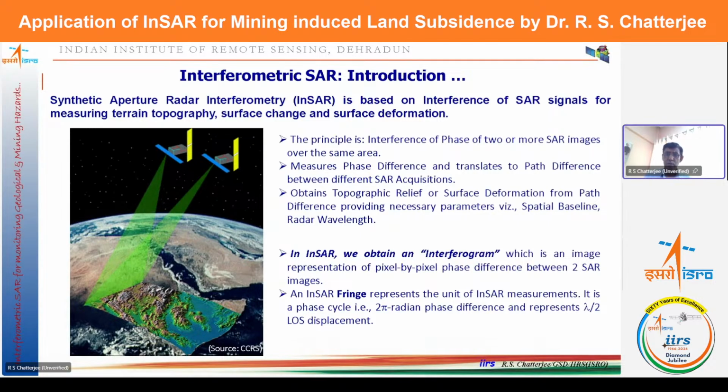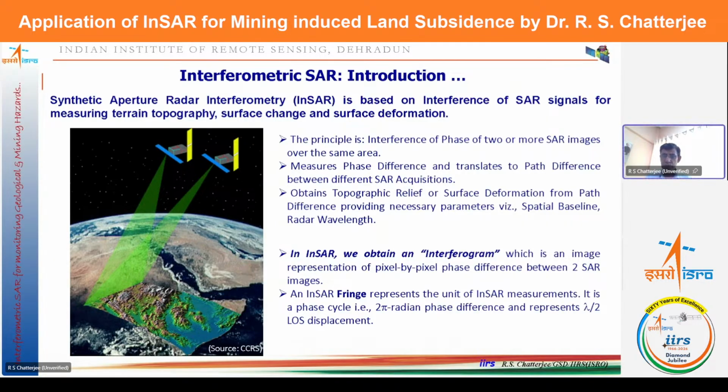For that purpose, you need at least 2 SAR images, and from this interference, we get the interferometric phase, that is the phase difference of 2 SAR images over the same area. And from this phase difference, we can get the path difference of the 2 satellites or 2 platforms.